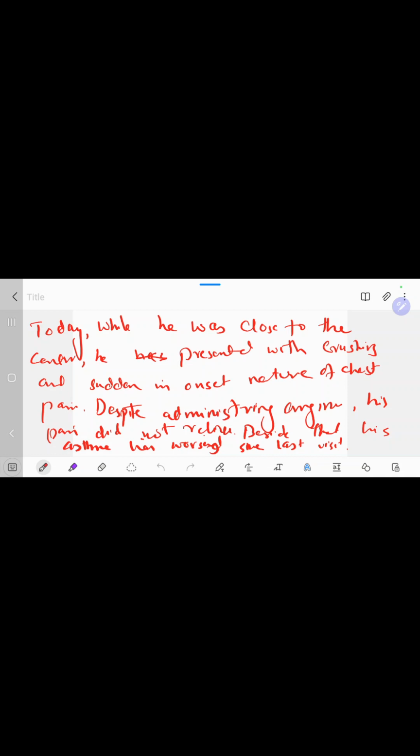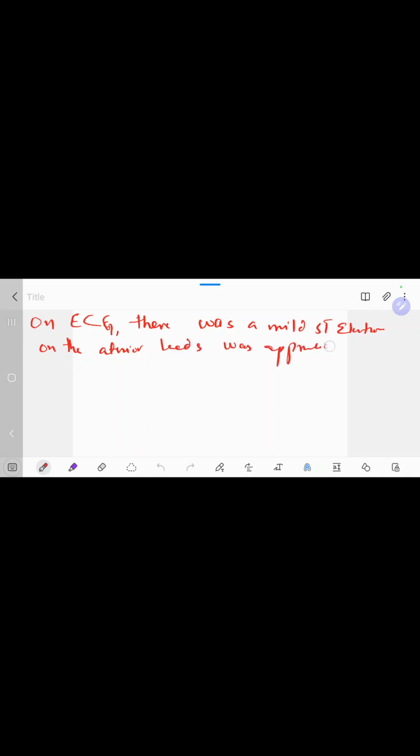Right? And we can see that. Then we can write down on ECG, try to write in full form. There was a mild ST elevation on the anterior leads appreciated with ST 120, right?